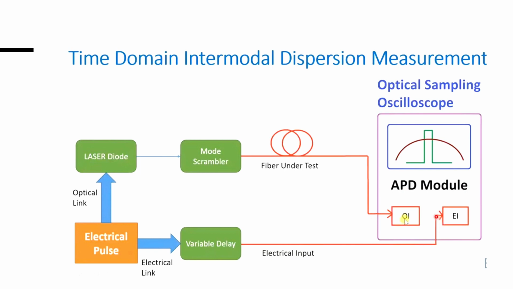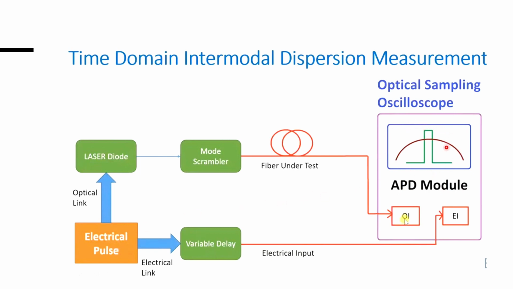Now here the difference between the optical input and the electrical input gets calculated, and here we can see that this is the original electric pulse, which was given here, and this is the dispersed signal which we got from this fiber optic cable. So with this we can measure the dispersion with respect to the time domain.